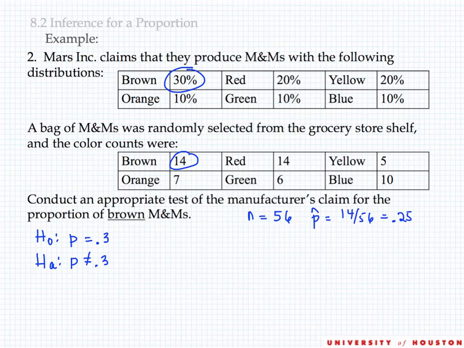Our rejection region would be graphed with a two-tailed test since we have a not equals. So we're going to shade two tails of our normal distribution. We're not given an alpha, so let's choose alpha equals 0.05. Since it's two-tailed, each tail is half of that.